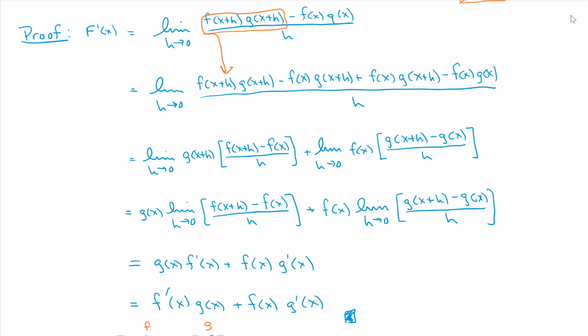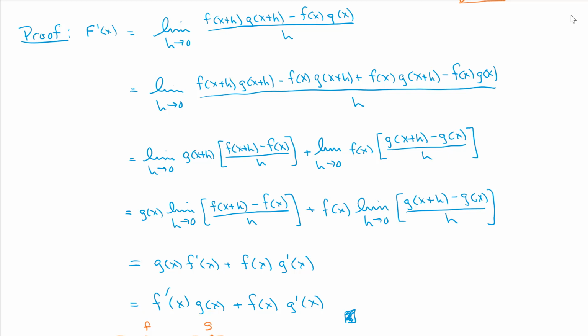But in the middle, in addition to those two terms we've just looked at, we have minus f of x, g of x plus h, plus f of x, g of x plus h. It may seem a peculiar thing to subtract from and add in, but you'll see in a minute that it sets things up very nicely.